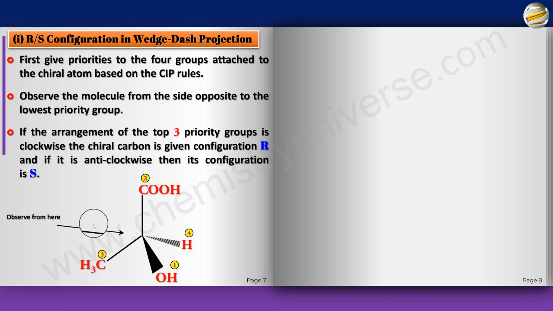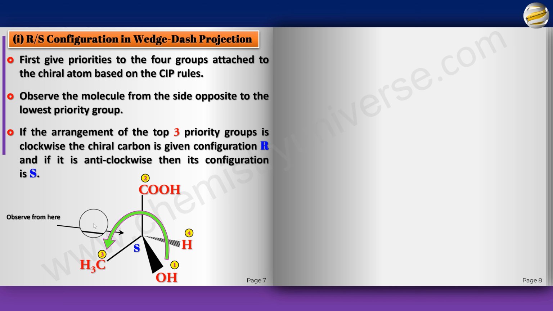So if you observe from here, go from 1 to 2, then to 3 and back to 1. In which direction does your arrow move? 1 to 2, 2 to 3, 3 to 1. Don't you think it is anti-clockwise? It is designated S.